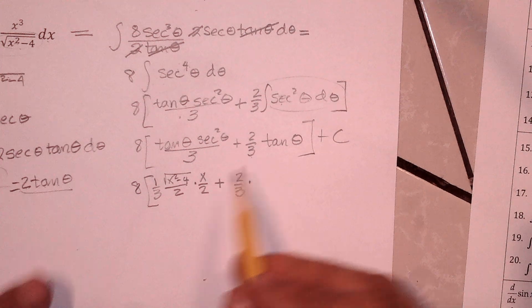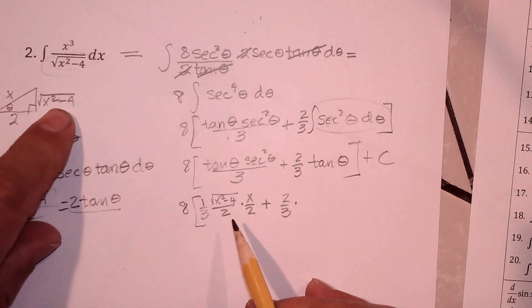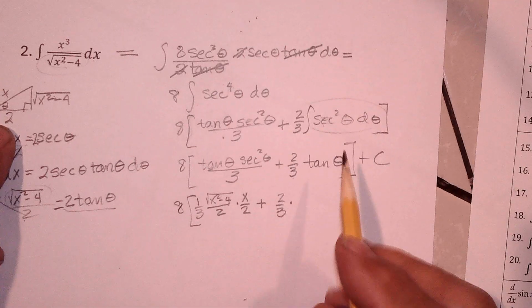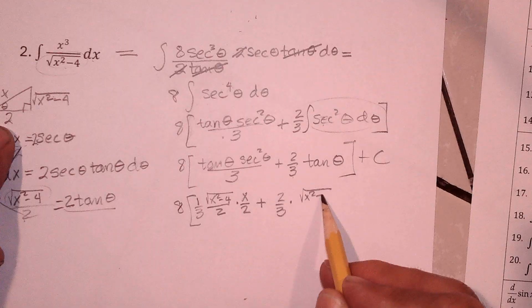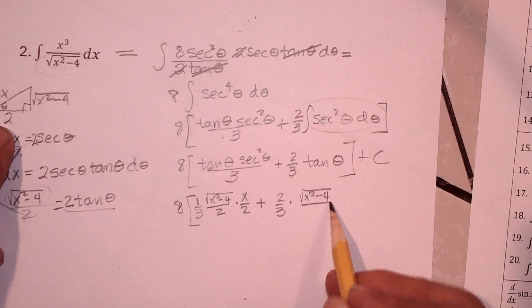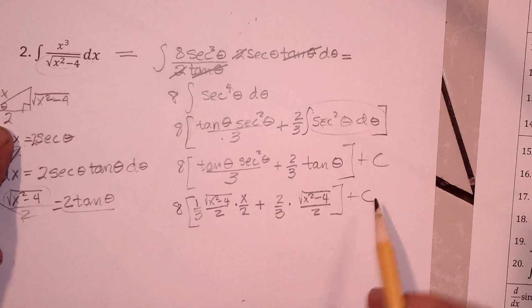Tangent, again, was this, opposite over adjacent. So it's square root of x squared minus 4 over 2, plus c.